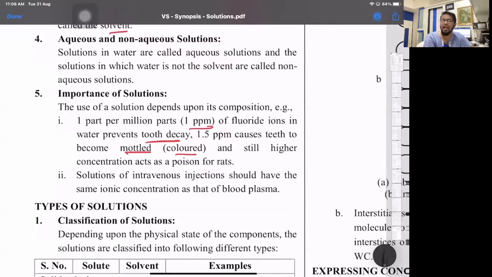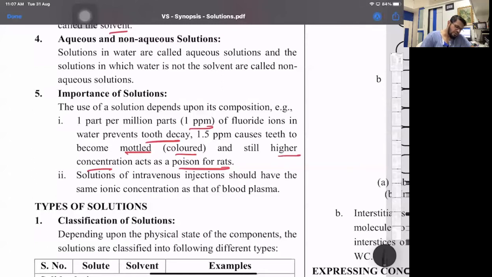And if it is in still higher concentration, then that can act as a rat poison also. So depending on the concentration you add, around 1 ppm will prevent the tooth decay, 1.5 ppm causes mottling, that is yellow spots on the teeth, and the third is that a higher concentration can also kill rats.